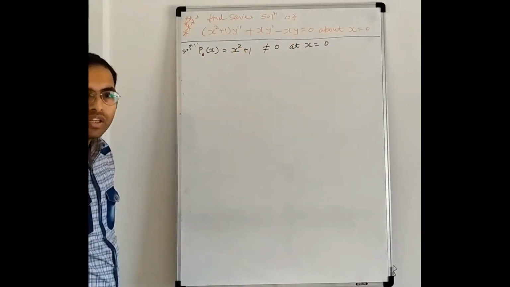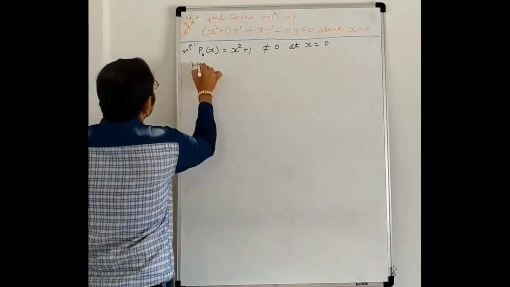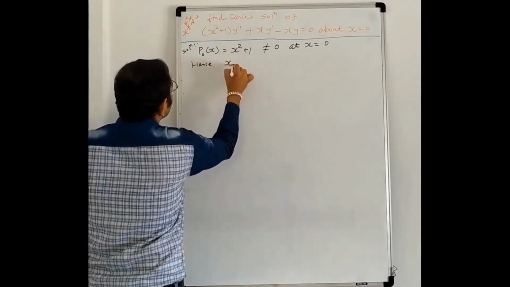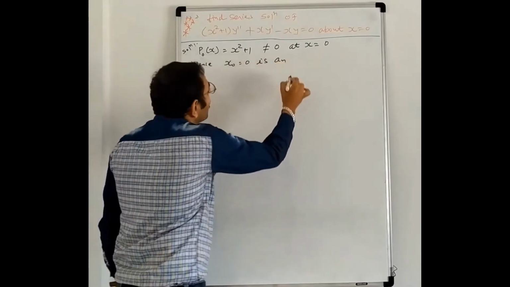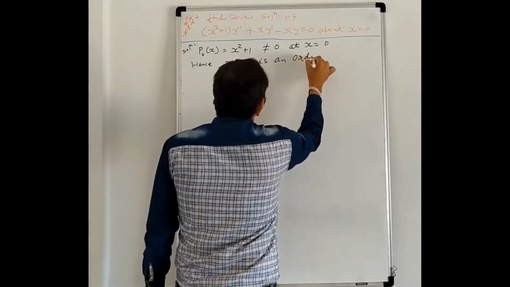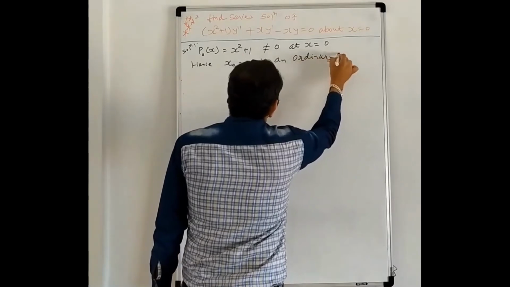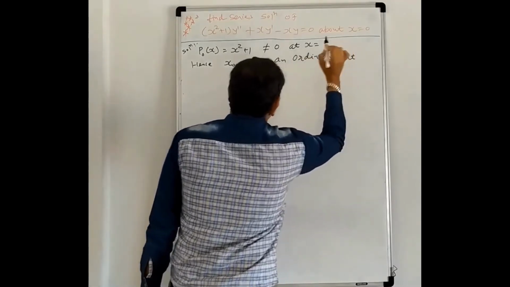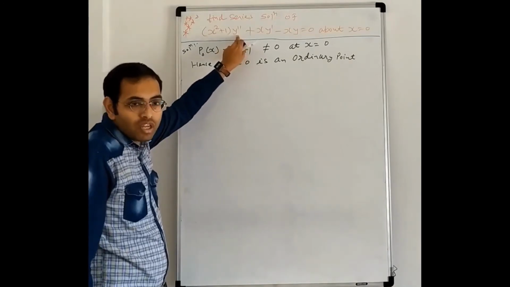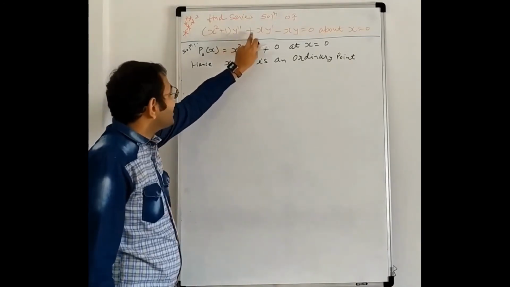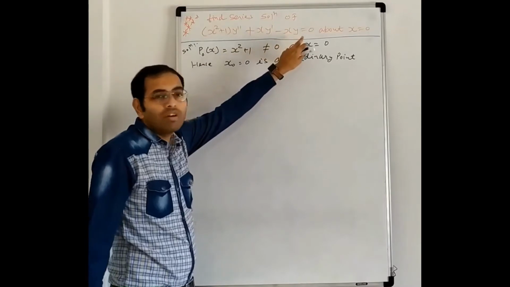Then we can say that x0 is an ordinary point. Now, given differential equation is (x square plus 1) y double dash plus xy dash minus xy equal to 0.